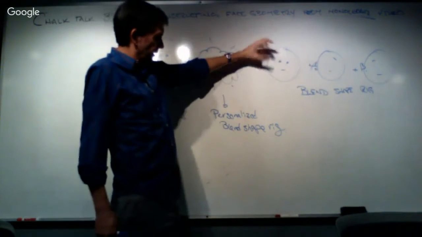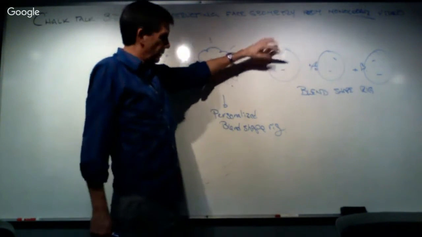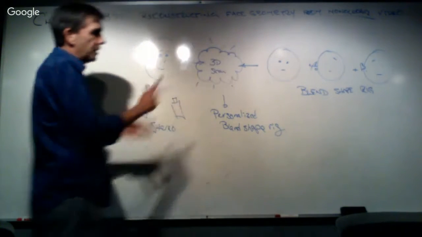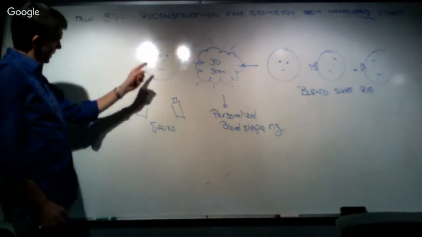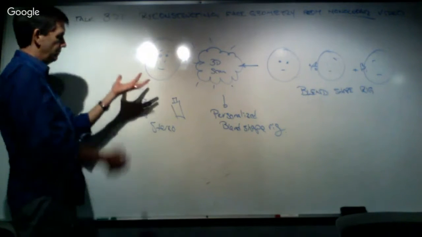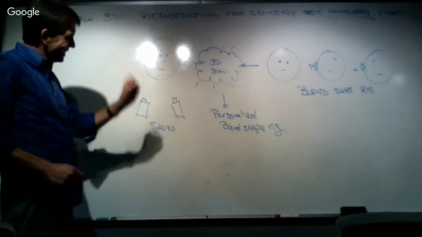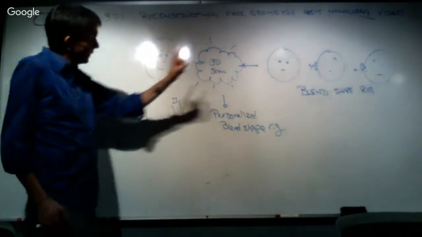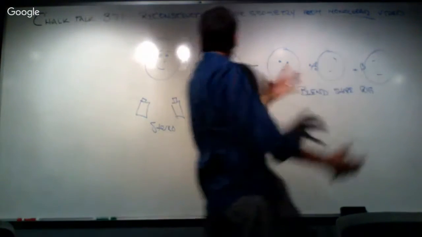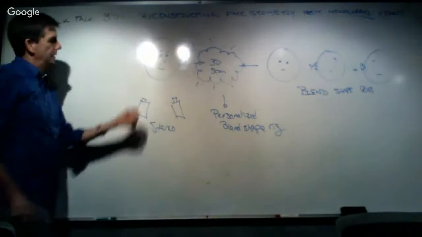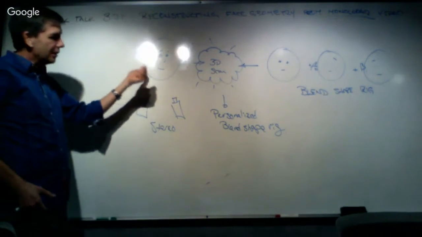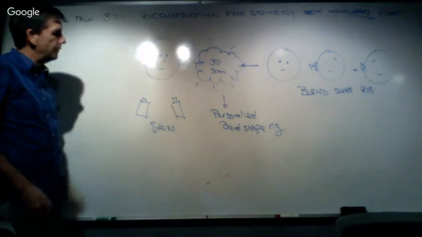And this thing can open its mouth, it can raise its eyebrows, it can smile, it can frown, it can do a whole bunch of things. But of course, this person doesn't move exactly the same way as a generic person does. And this step is basically to take this blend shape rig and bend it so that it has the overall shape of this guy.